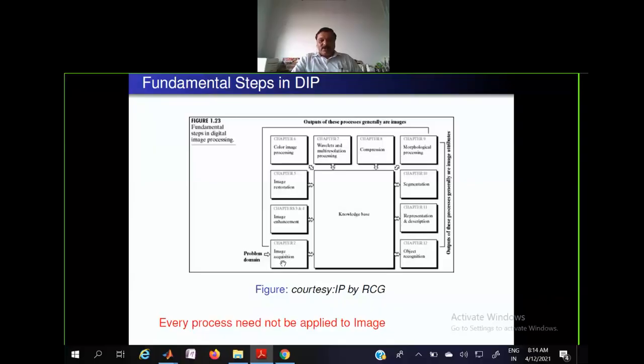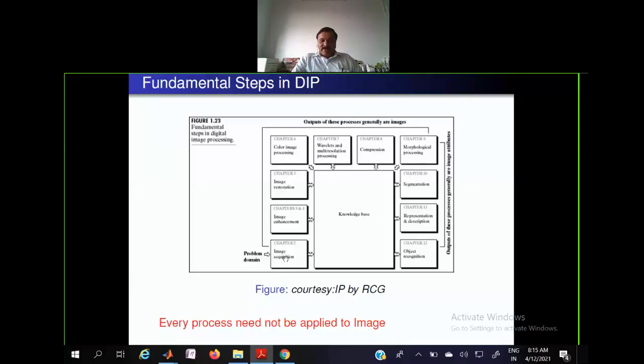After that, since I want images to process, within this block you should also have a pre-processing step where you convert the video into frames. Then you need standard size data, so you may have to resize the data. So image acquisition will also have some pre-processing.